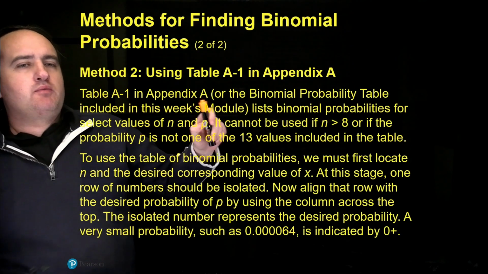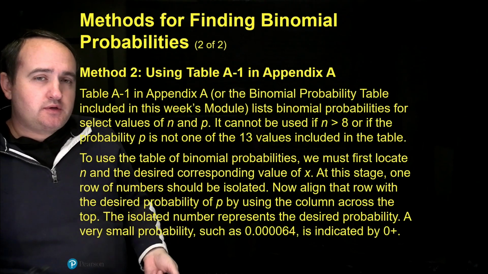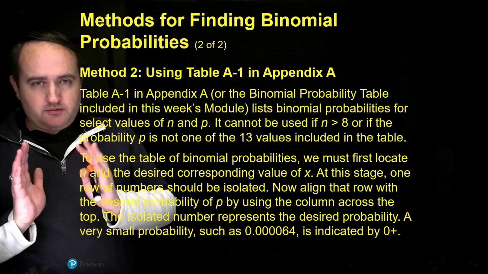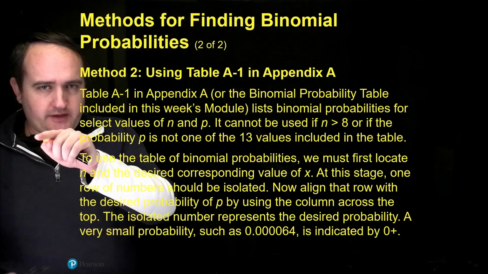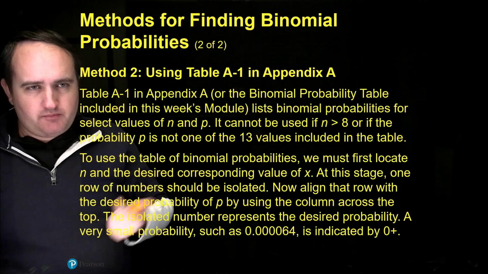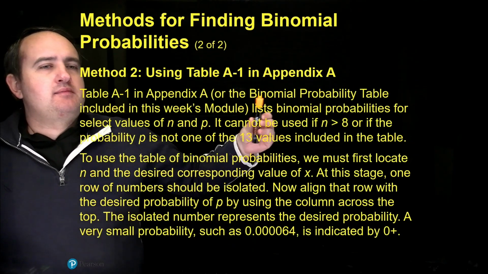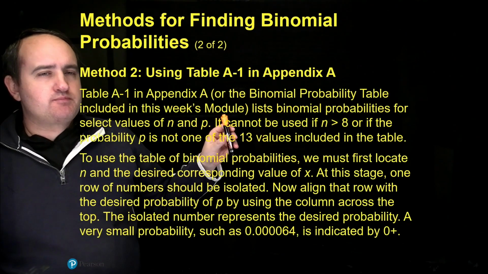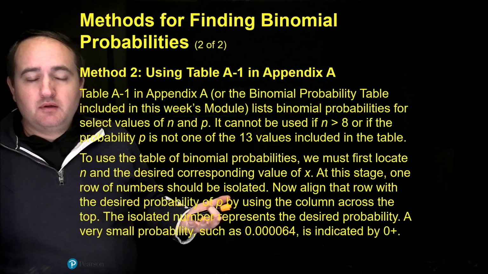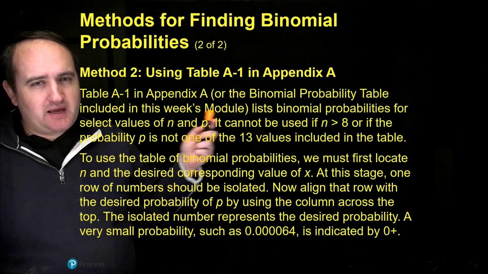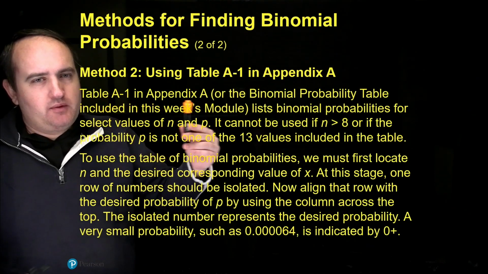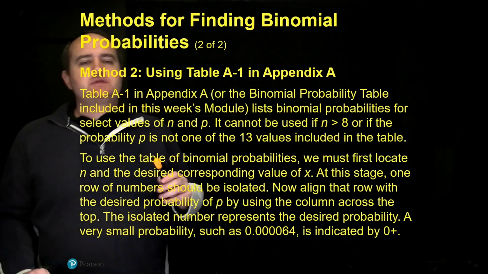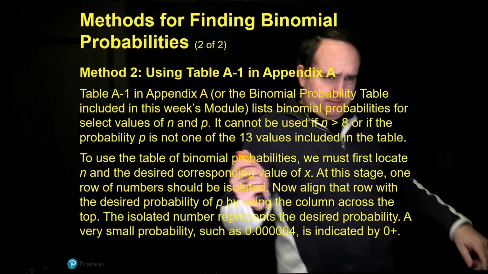So if you want to use table A1 in the appendix, you can, and when you're doing your homework, quiz, and exam on some of these problems, they will actually include a table. You can click on it while you're doing your problem. But for most of us, I would recommend that you just download the binomial probability table included in this week's module, and then you open it up and use that, because in my opinion, that's better than table A1 in Appendix A. Okay, anyway, it lists binomial probabilities for select values of N and P.